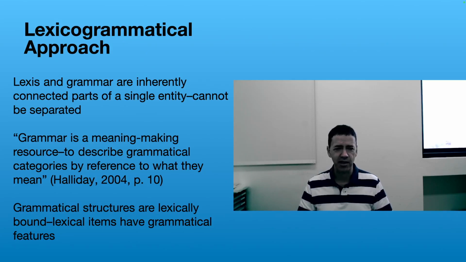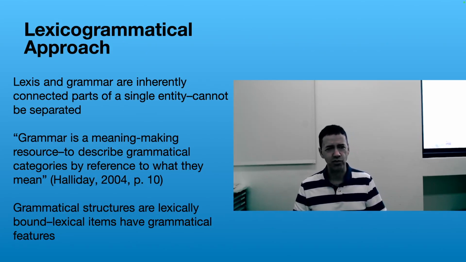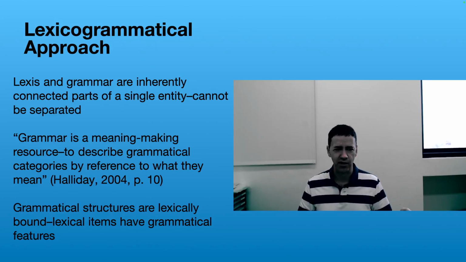Grammar is a meaning-making resource to describe grammatical categories by reference to what they mean. Okay, and then grammatical structures are lexically bound, and lexical items have grammatical features. So it's really hard to separate vocabulary and grammar. The two kind of go hand in hand.